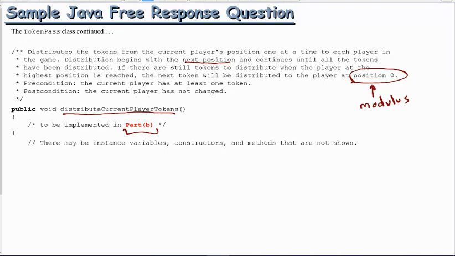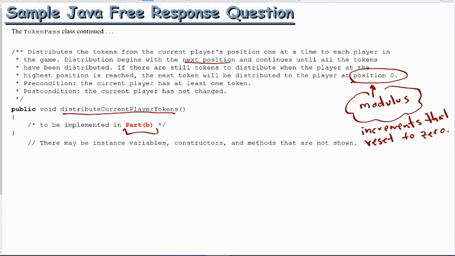You can do it with if-else statements as well, but the quickest way to address increments that go back to 0 is using modulus. So remember that: increments that reset to 0 is modulus.